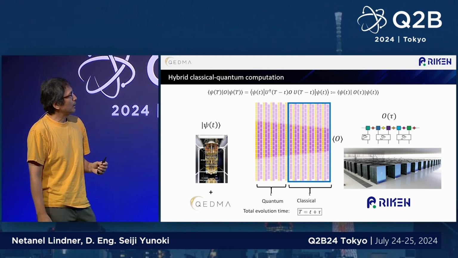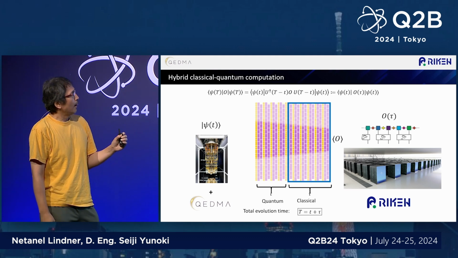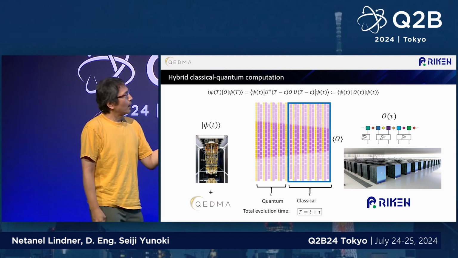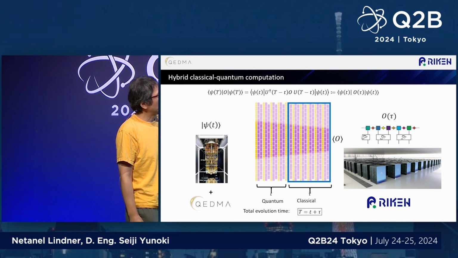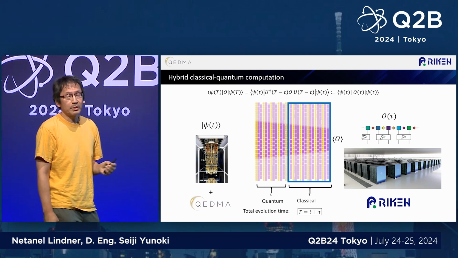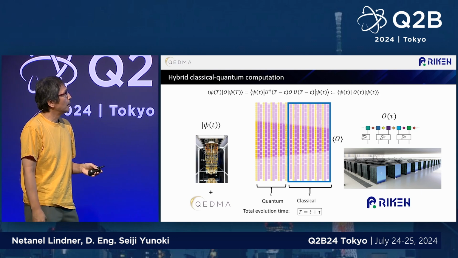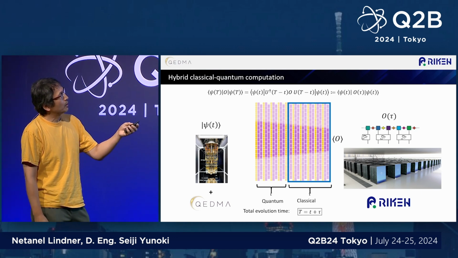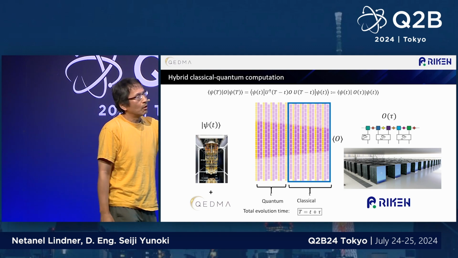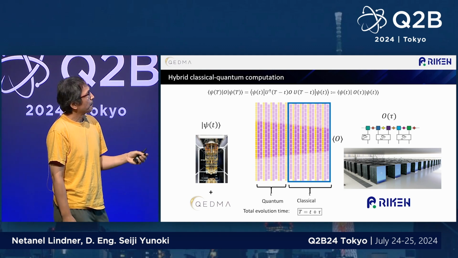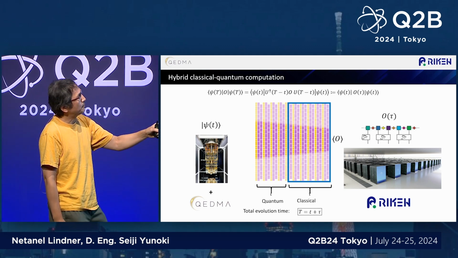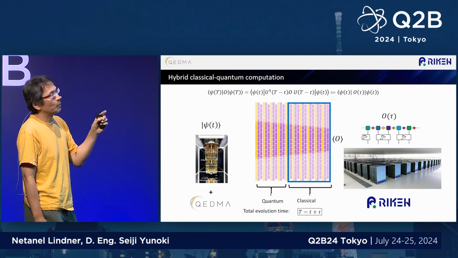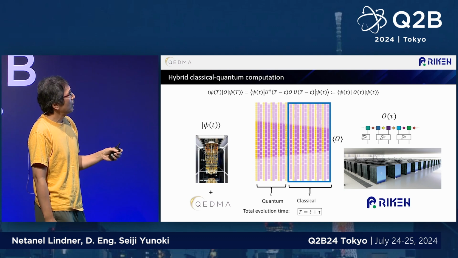The first part is treated using quantum computers, and the second half of the quantum dynamics is treated classically using HPC. And all we have to do classically is to backpropagate the operator O for time steps tau, and measure O of tau over the time-evolved quantum state psi of T in the quantum computer.